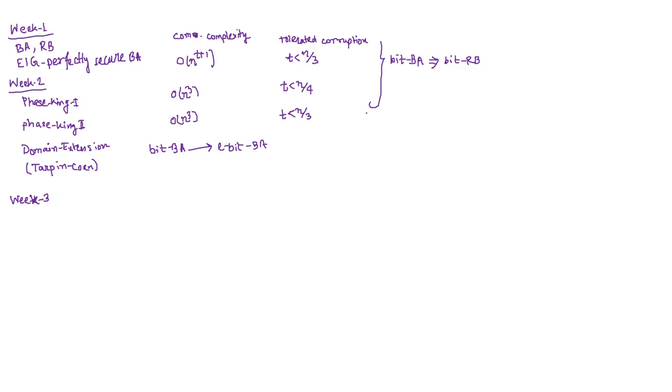Another thing: all these protocols, EIG protocol, Phase-King 1 and Phase-King 2, are perfectly secure. What do we mean by perfectly secure BA protocol or RB protocol?